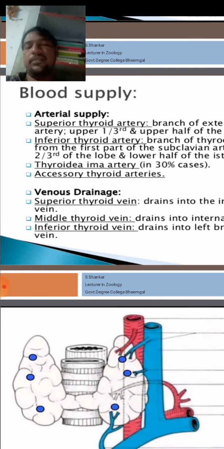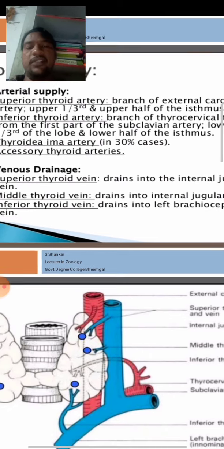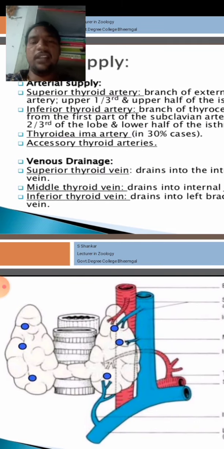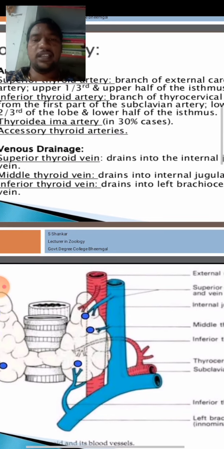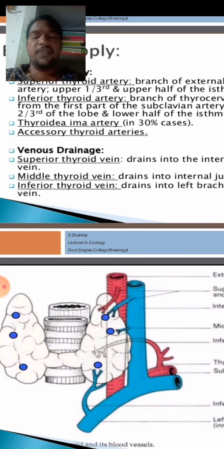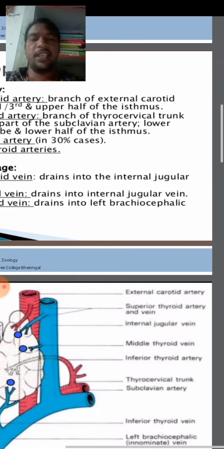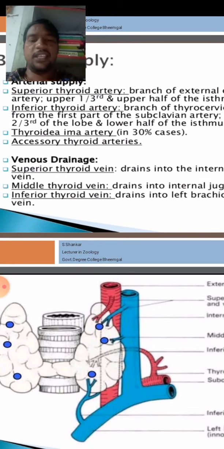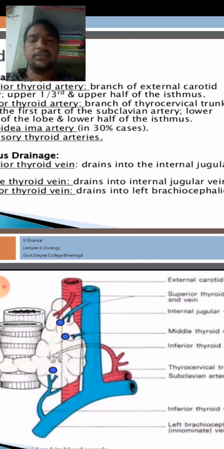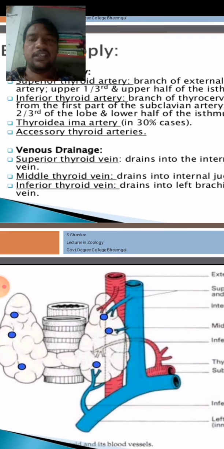The middle thyroid vein drains into the internal jugular vein. The inferior thyroid vein drains into the left brachiocephalic vein.